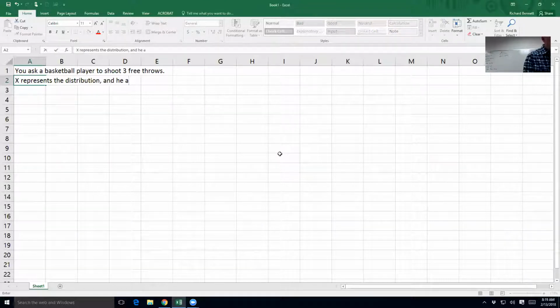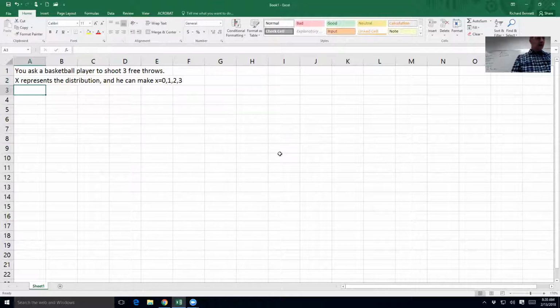And he can make, what would be the sample space? How many could he make? 0, 1, 2, or 3. Can't make more than 3 out of 3 shots.